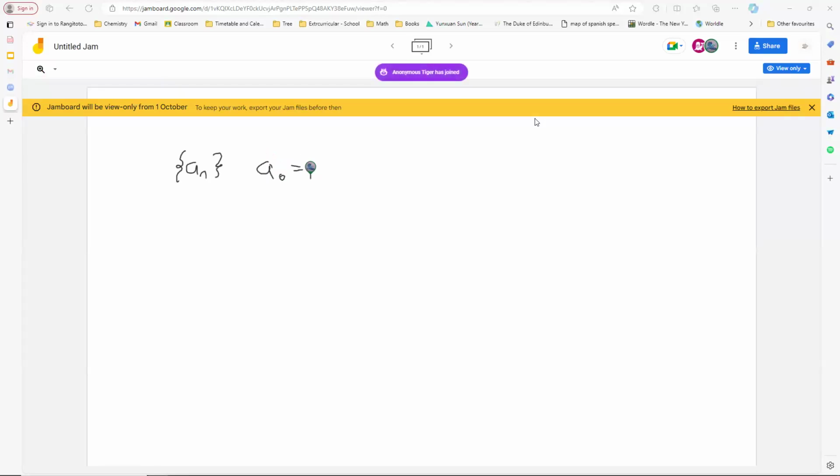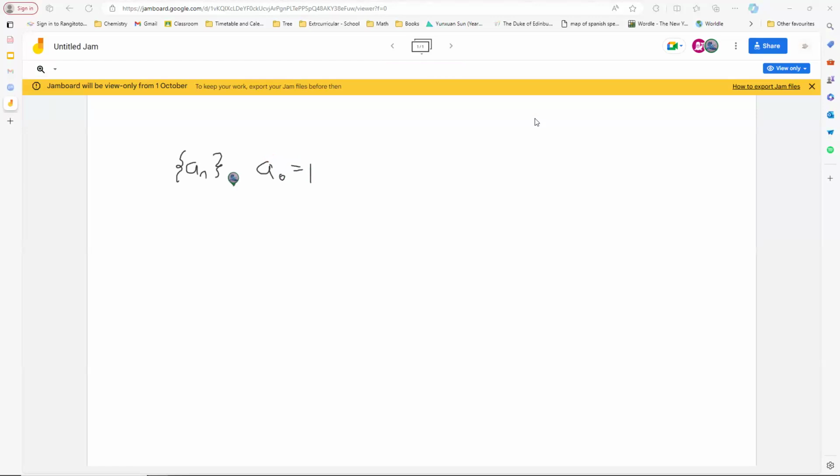The defining characteristic of this sequence is a_{n+1}, the next term, defined purely in terms of a_n: it's (34 a_n + 49) over (25 a_n + 36).